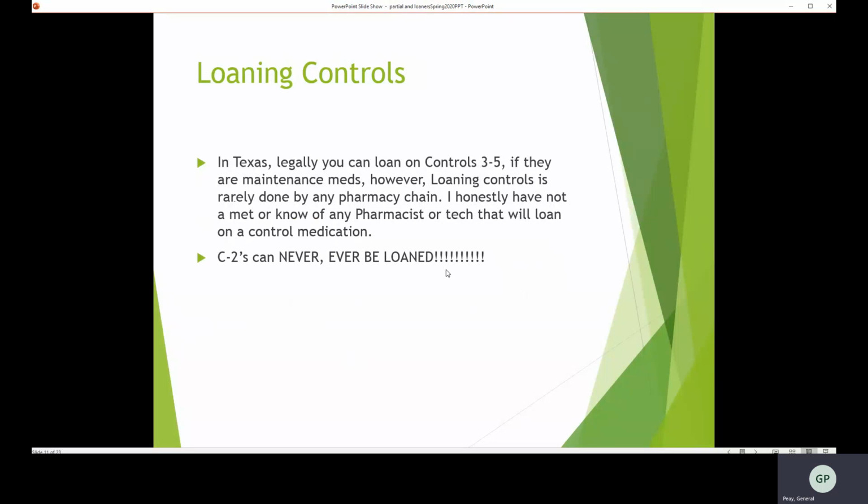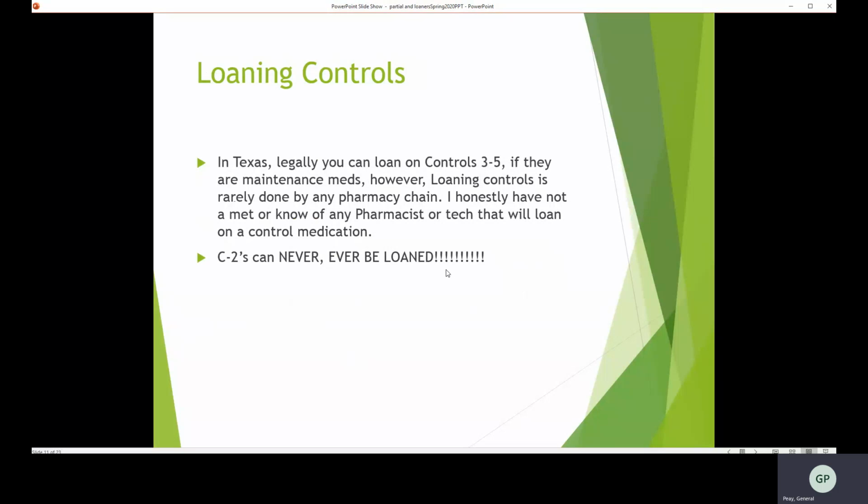But I will tell you, in a real world setting, most pharmacists or techs will not loan on a controlled medication for inventory reasons, because controlled medications have to be carefully kept up with as far as security reasons and inventory reasons.